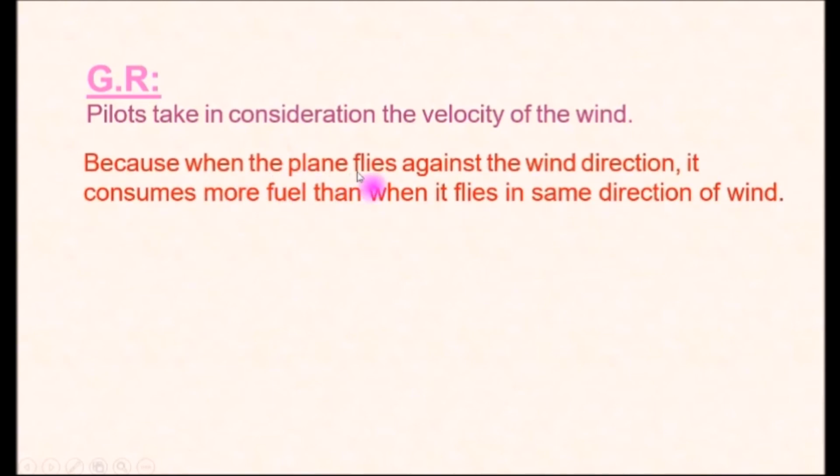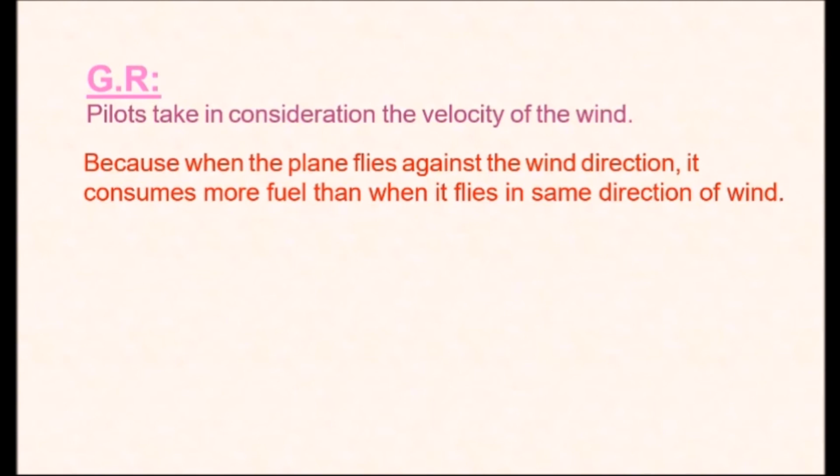Because when the plane flies against the wind direction, it consumes more fuel than when it flies in the same direction as the wind. It means that we have two options: the direction of the wind is the same as the direction of the plane, or the direction of the wind is opposite to the flight of the plane.